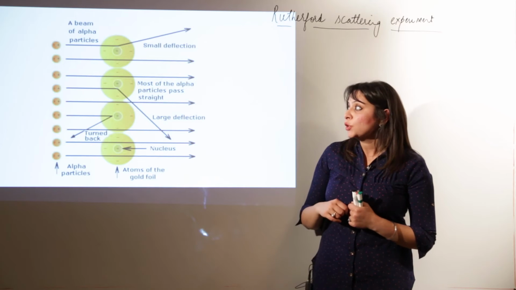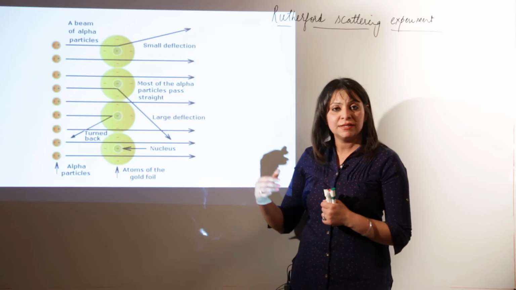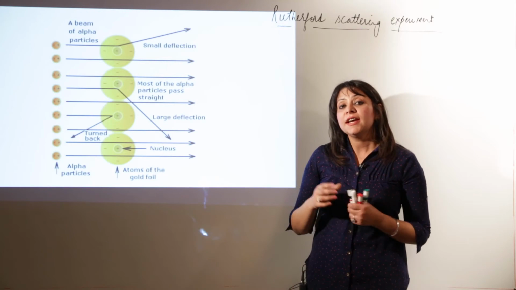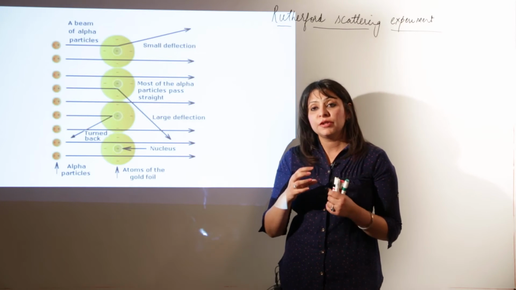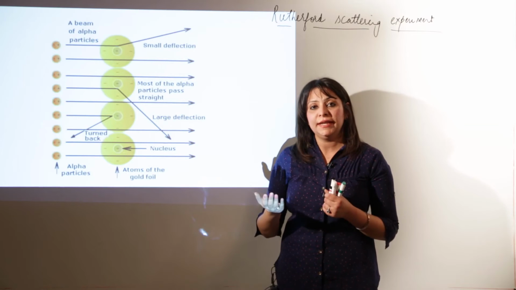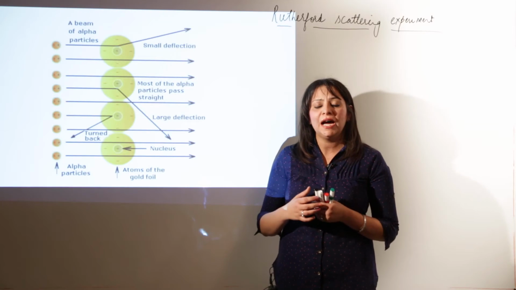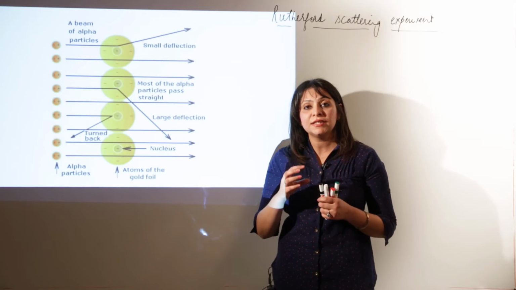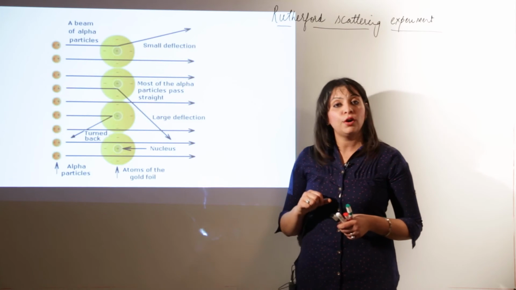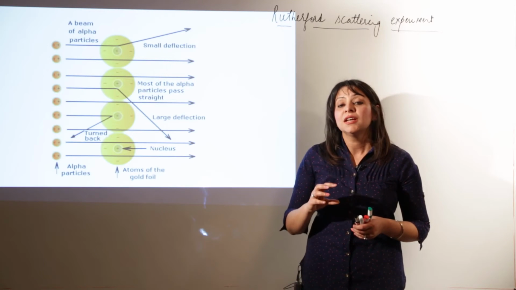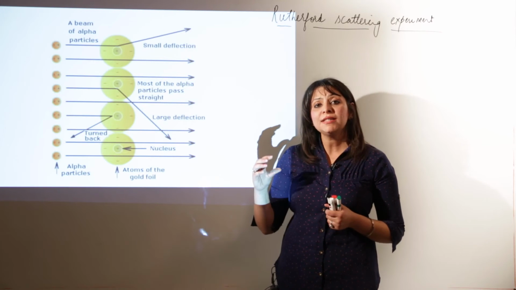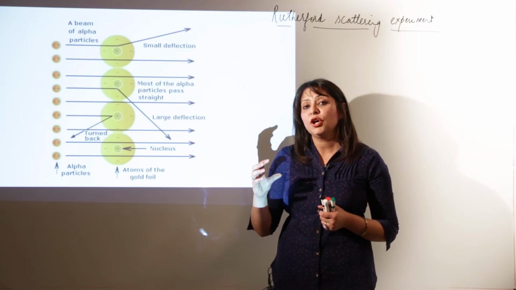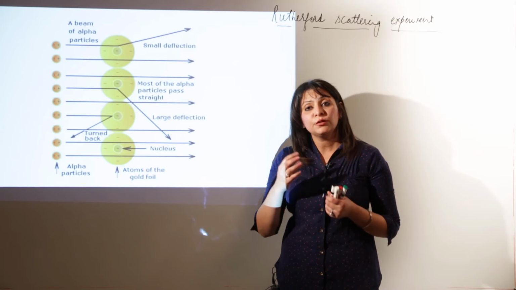As he saw the small and large deflections, that means the alpha particles actually encountered some dense body which leads to the deflection. Whether the deflection is small or large, they hit some dense concentrated mass. Rutherford called that dense concentrated mass the nucleus. He said this nucleus might be present in the center because the deflections were very few.